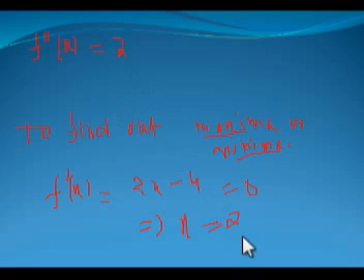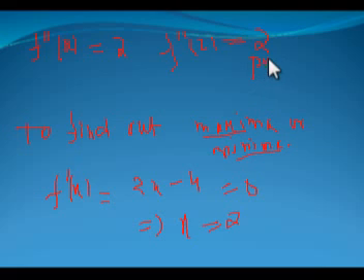At the point 2, the function is not dependent on x, so the second derivative at the point 2 is 2. It is positive, means there is a minimum.